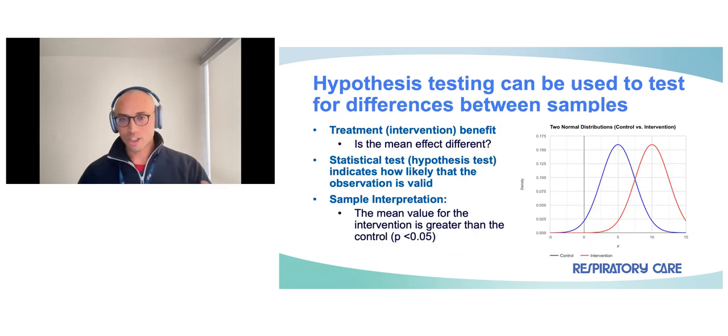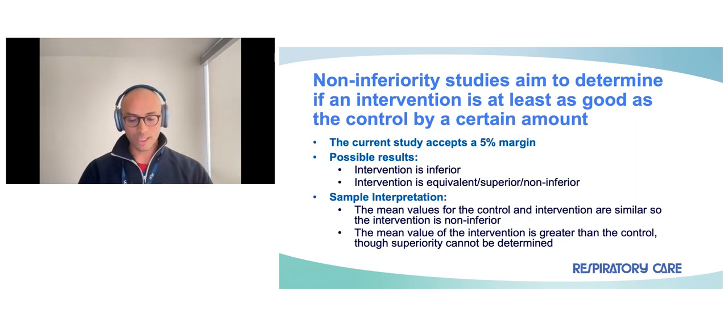Now, the sample interpretation for a non-inferiority study would be, for example, that the mean values for the control and intervention, the mean values between the vibrating mesh nebulizer high flow and a jet neb are similar, so the intervention is non-inferior, and so this is what we'd be hoping for. The mean values are similar, so the intervention is non-inferior, or the mean value is greater than the control.